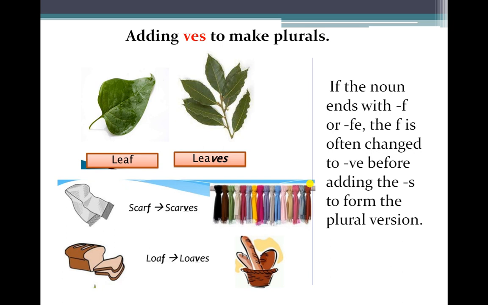Now when we will pluralize it, we will change this F into VE, F into VE, and lastly we will add an S to make it plural. Simple thing to remember, F will change into VE, and at the last we will add S to make it plural. Okay, moving on to your next rule.